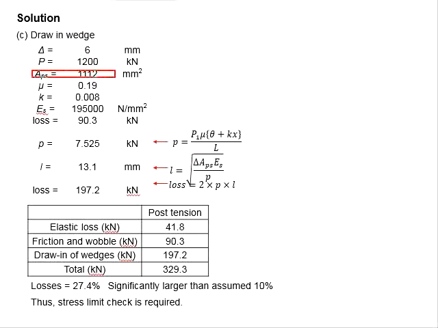This represents the total area of the steel tendon, and having all the values substituted into the equation, you get L equal to 13.1 mm. And the total loss will be about 197.2 kN due to the draw-in of the wedges.